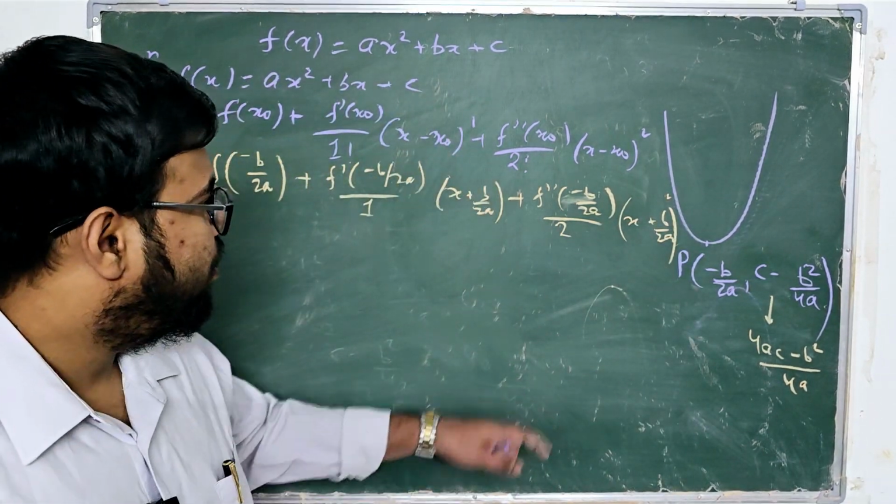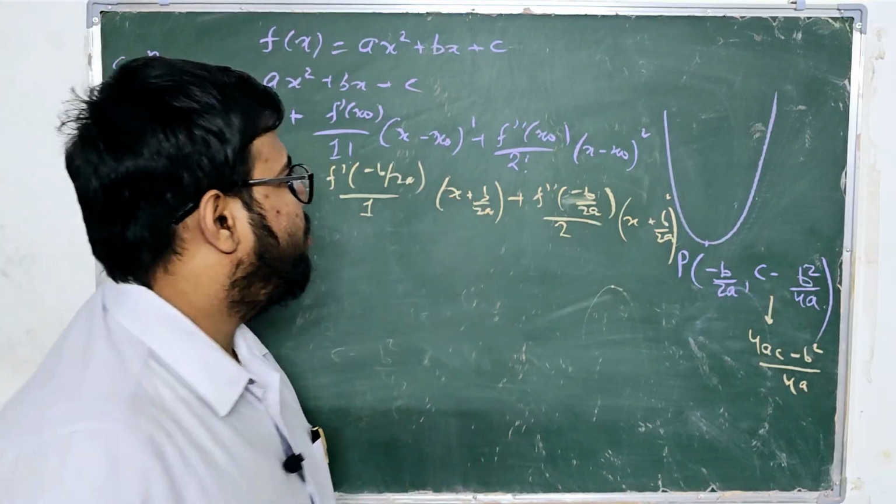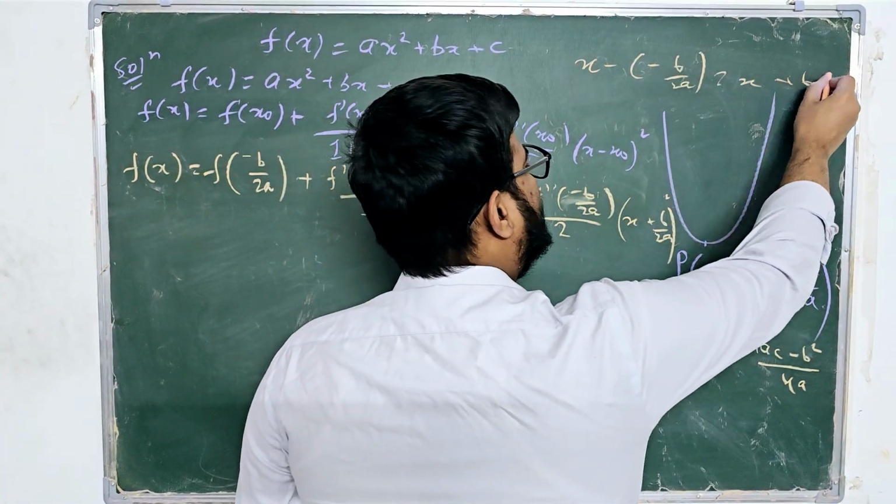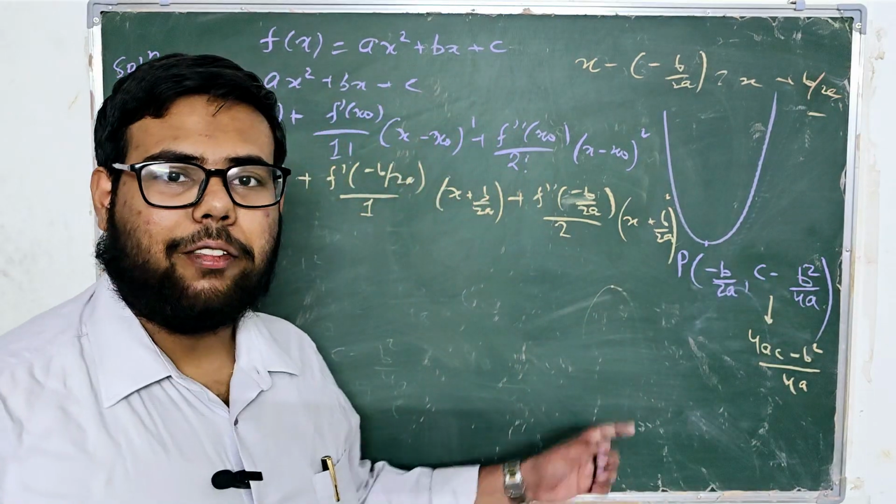Clearly, x minus (negative b by 2a) is x plus b by 2a, to avoid any confusion over here.